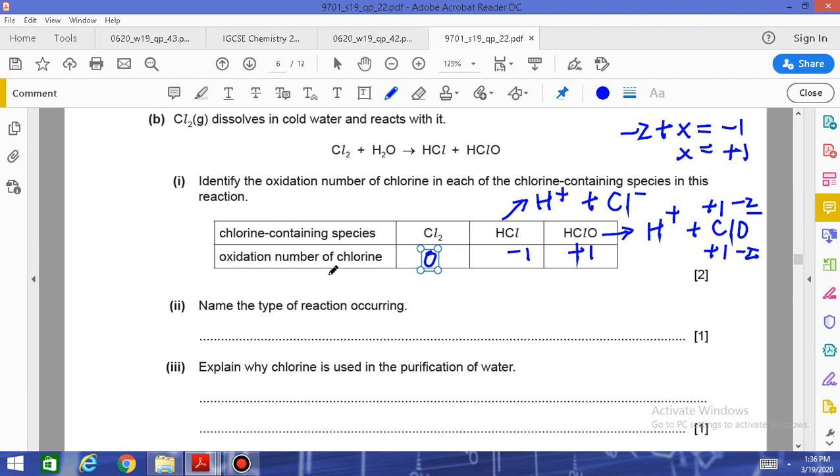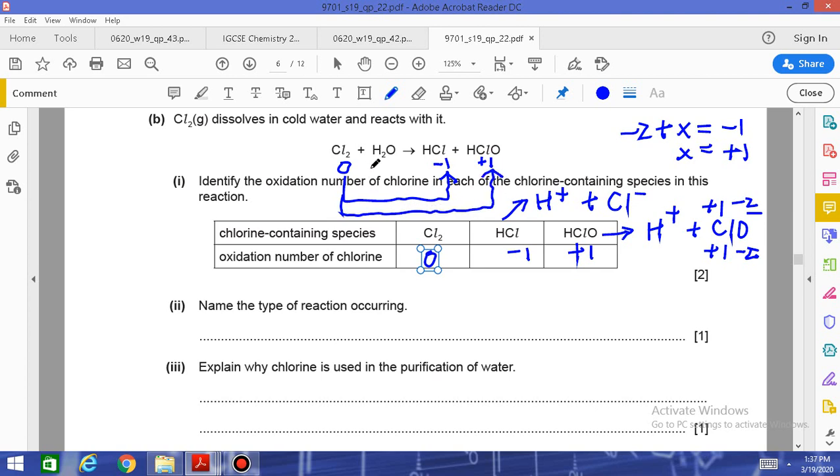Name the type of reaction occurring. Okay, so the oxidation number of chlorine in Cl2 is 0. In this case, the oxidation state of chlorine decreases from 0 to minus 1, and at the same time, the oxidation number of chlorine increases from 0 to plus 1.